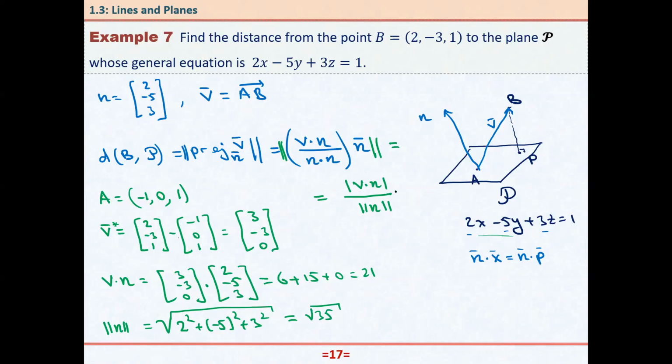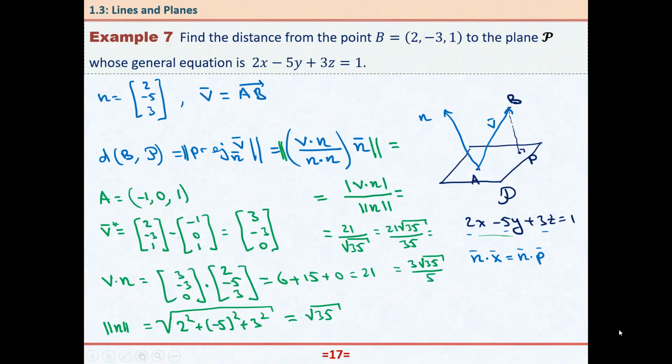So then the distance will be equal to V dot n, that is 21 over square root of 35. Or if you multiply by square root of 35, 21 square root of 35 over 35, and dividing by 7, it is 3 square root of 35 over 5.